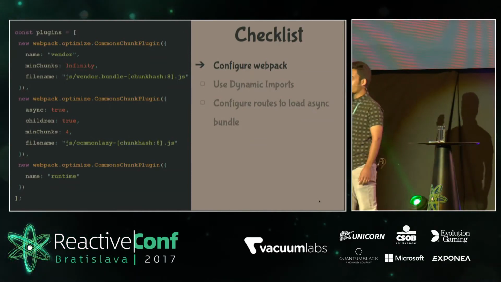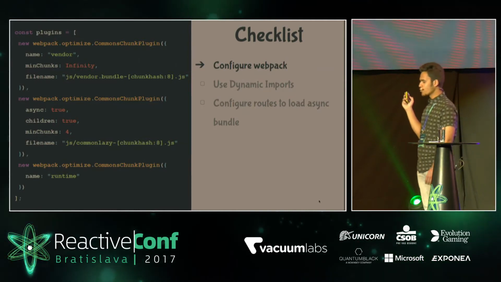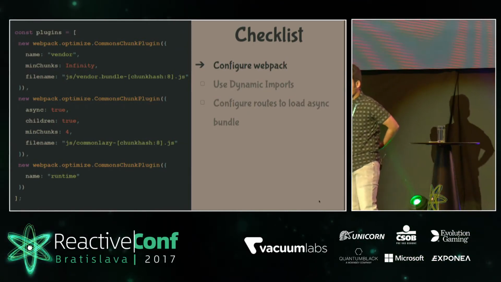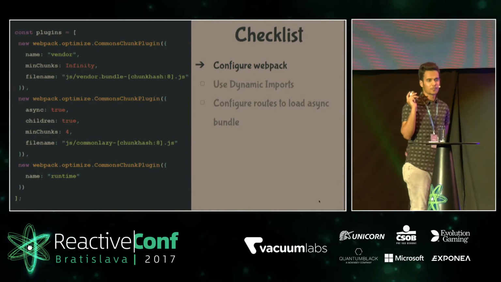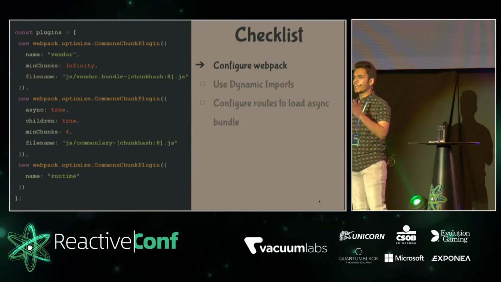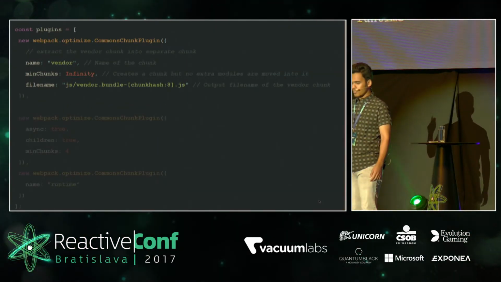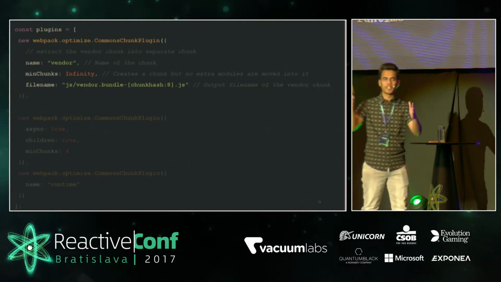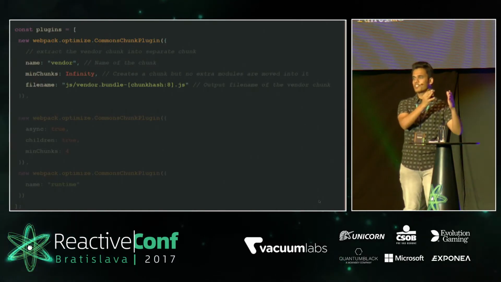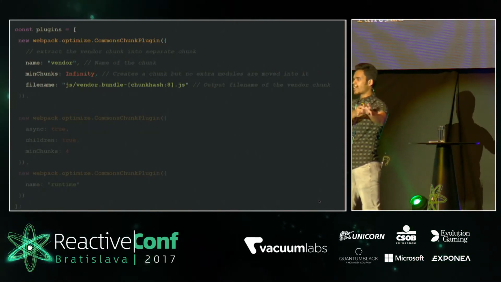So just have a look at this small configuration, which I use to configure webpack. Webpack has a very good plugin, which is CommonsChunkPlugin, which is used to split my application into small chunks. First, I'm telling webpack to split out my vendor chunk, which is rarely going to change, and put it into a separate bundle.